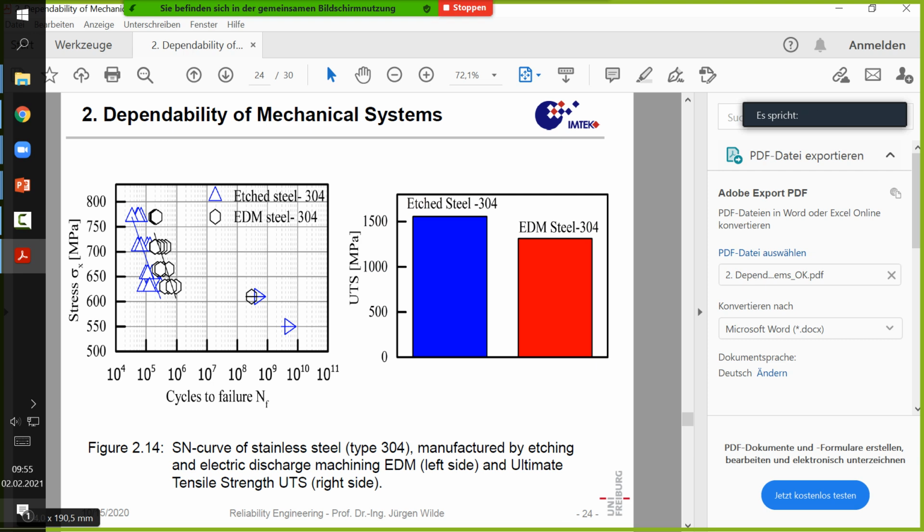Normally in oral exams, in most cases, I was not going into the details of such a Miner-Palmgren rule, but generally it is a good idea to know that this rule exists because we want to be able to predict lifetime or reliability under variable loads. Okay, thanks for your attention.